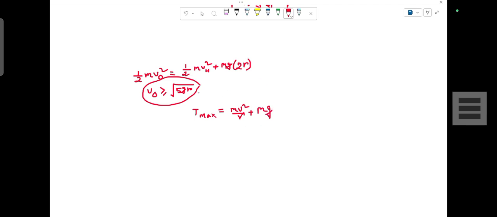That is TL, the tension along L, comes to be mv square by r plus mg, that is v naught square by r plus mg.